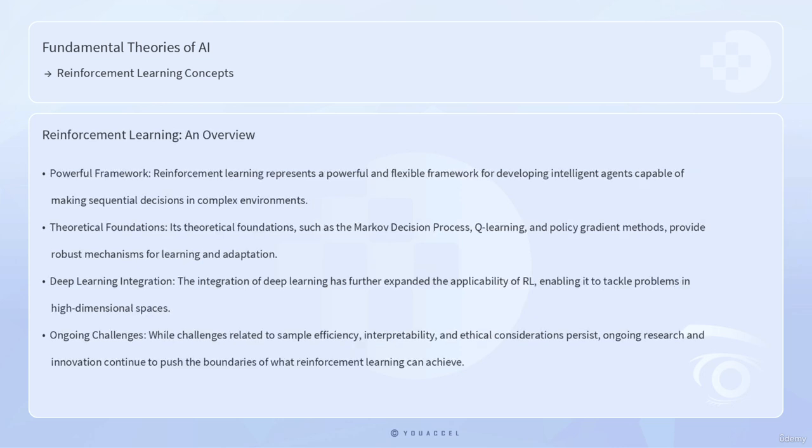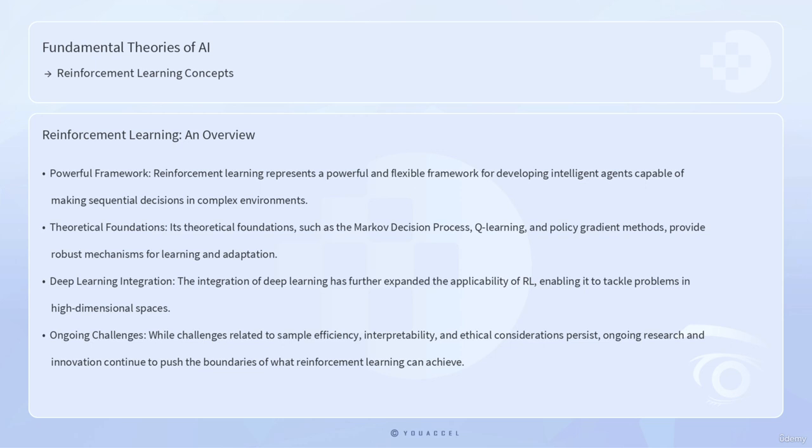In conclusion, reinforcement learning represents a powerful and flexible framework for developing intelligent agents capable of making sequential decisions in complex environments. Its theoretical foundations, such as the Markov decision process, Q-learning, and policy gradient methods, provide robust mechanisms for learning and adaptation. The integration of deep learning has further expanded the applicability of RL, enabling it to tackle problems in high-dimensional spaces.